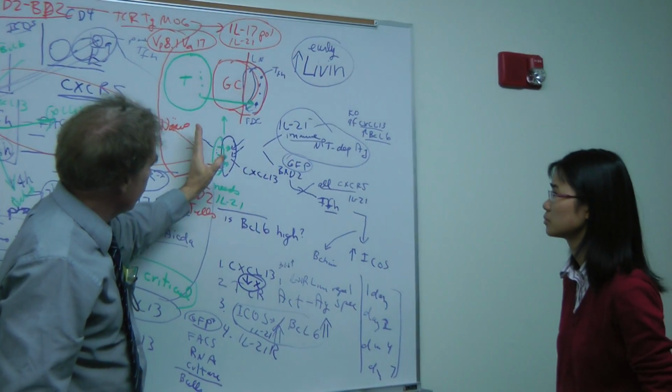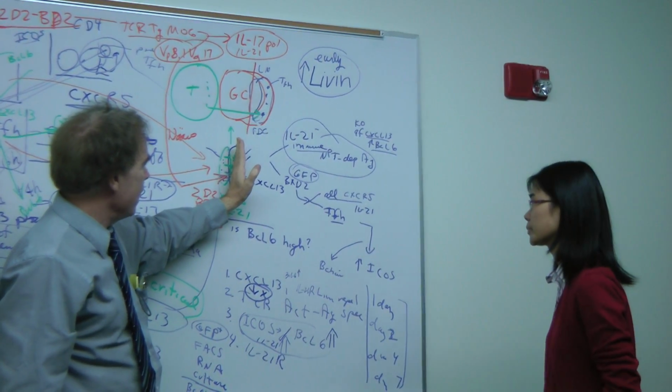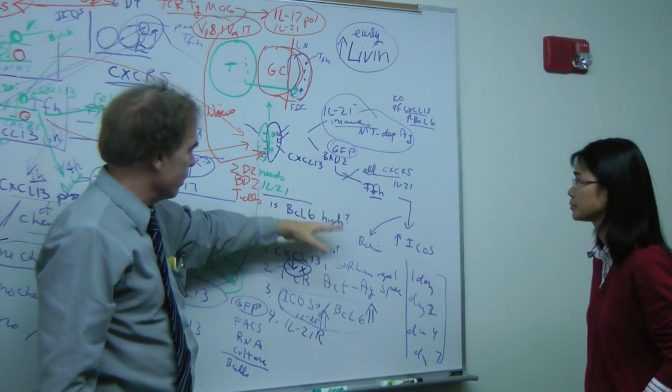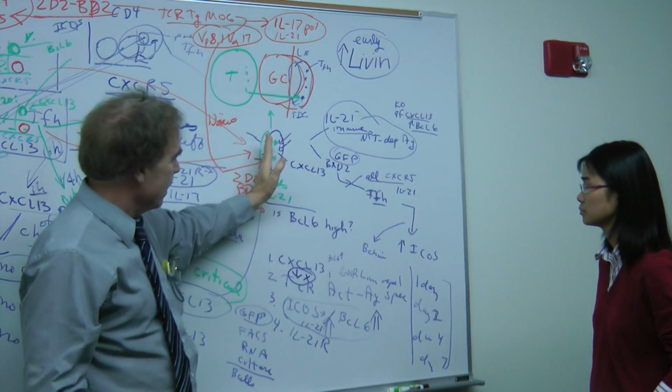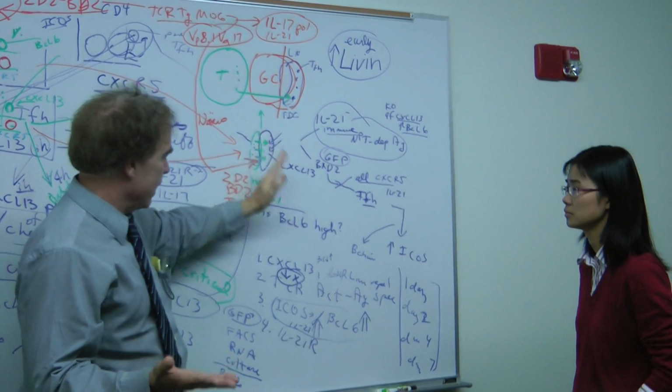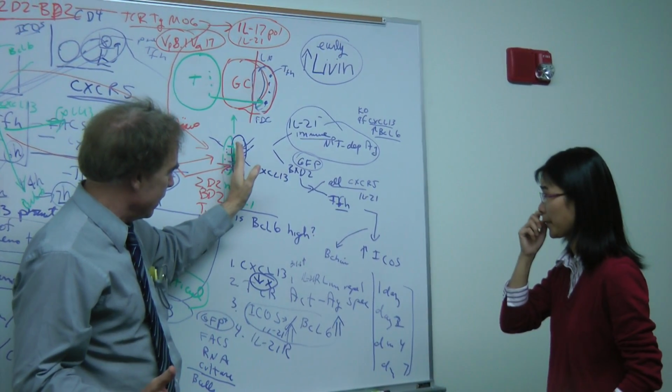T cells then should migrate into that area and make contact. So we should see that early on. And then what happens next? Well, we don't know. At first, nothing is there. Next, the T cells are in the CXCL13 area.